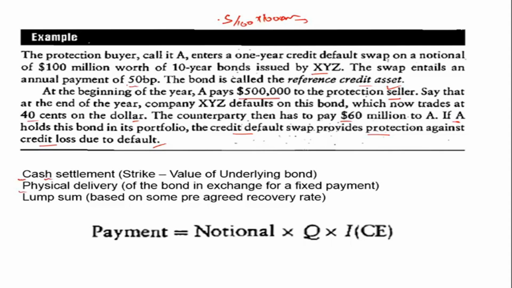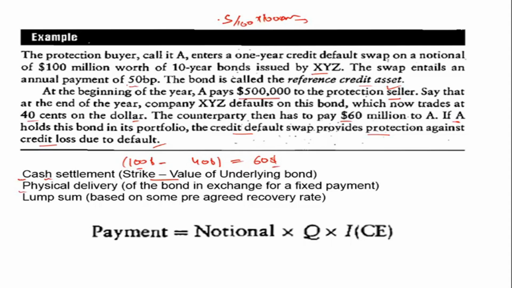So in a cash settlement, at default, or once the contingent payment is triggered, the protection seller has to pay the loss or simply make good of the loss. So if $100 was the value to begin with, or the strike price of the protection, and the final value of the underlying bond is $40, for example, then the protection seller simply pays the buyer the difference, that is equal to $60.